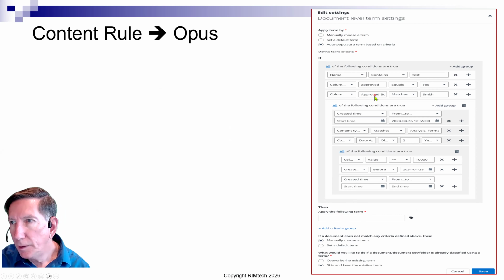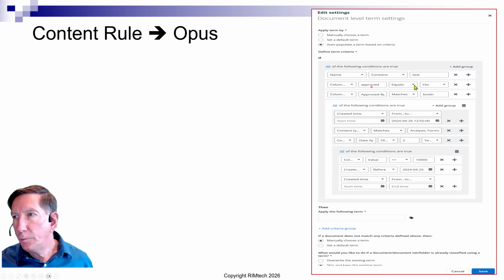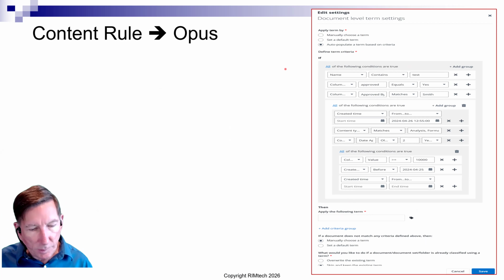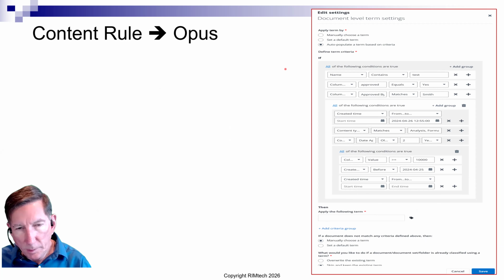So here you can see some of the conditions can be approved equals yes, approved by matches Smith, what have you. But you see the same pattern emerging, which is you have the condition that specifies the SharePoint content, then you apply a retention rule to that content.